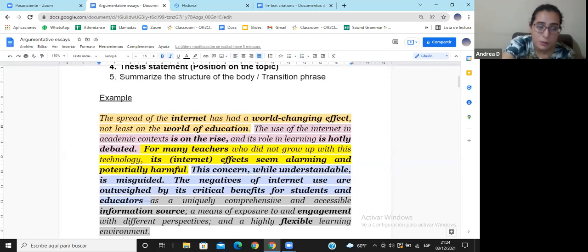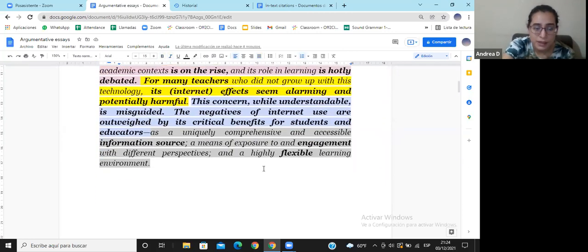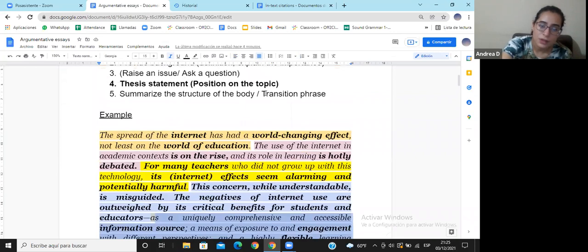That's why I said you can summarize the structure, or you can just use a transitional phrase and be like, so the negatives of the internet are outweighed by the critical benefits, and that's it. And then you can say, for the reasons that will be explored in this essay, or I will discuss this idea during this following essay. So you can summarize them, or you can have that transitional phrase.